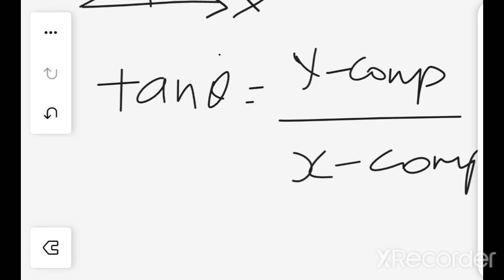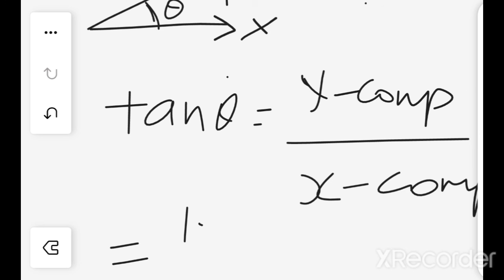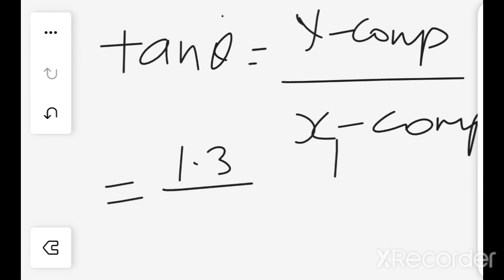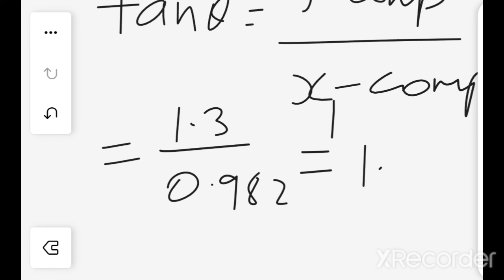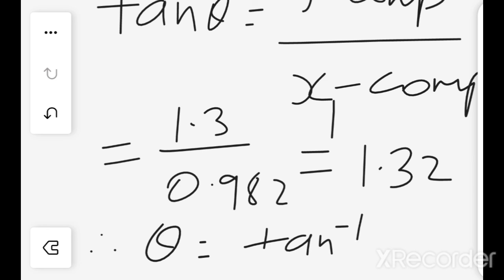So by putting those values, we know that the y component of that vector is 1.3 and the x component of that vector is 0.982, and if we divide these values, we will be getting 1.32. Okay, so theta is tan inverse of this value 1.32.